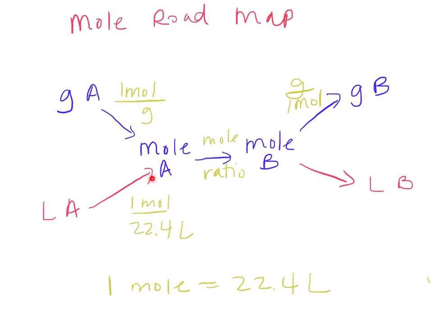Then I'll be in moles of A. I can convert to moles of B, or the other substance that I needed, and then I can get into liters of B by using that very same conversion factor, but flipping it over and going 22.4 liters divided by 1 mole. So let's see how that's going to work out.